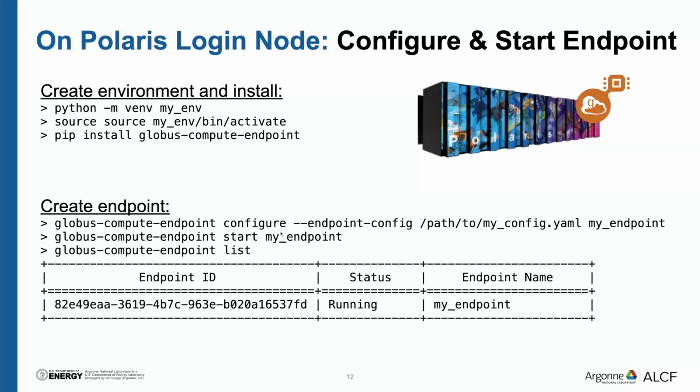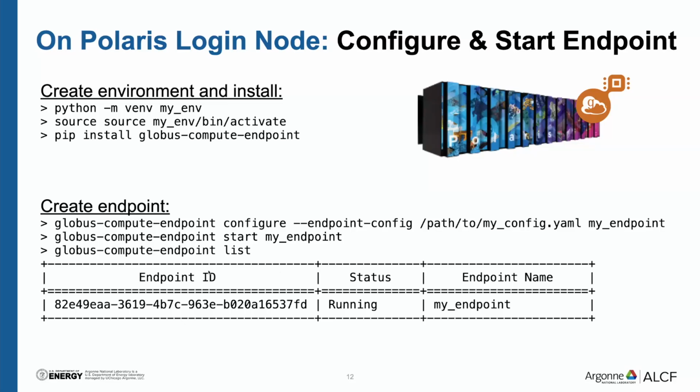If you want to stop the process, it's the same tool you use, globus-compute-endpoint. Instead of start, you write stop. And if you need to change anything about the configuration, you can change that and then restart the endpoint. There's a command for that, restart. So that's just a little detail of how you can interact with the endpoint.